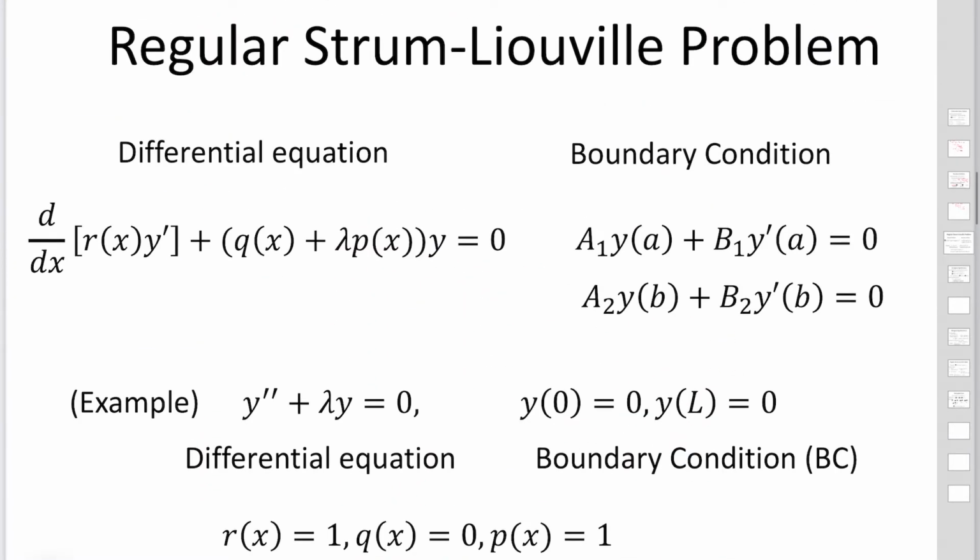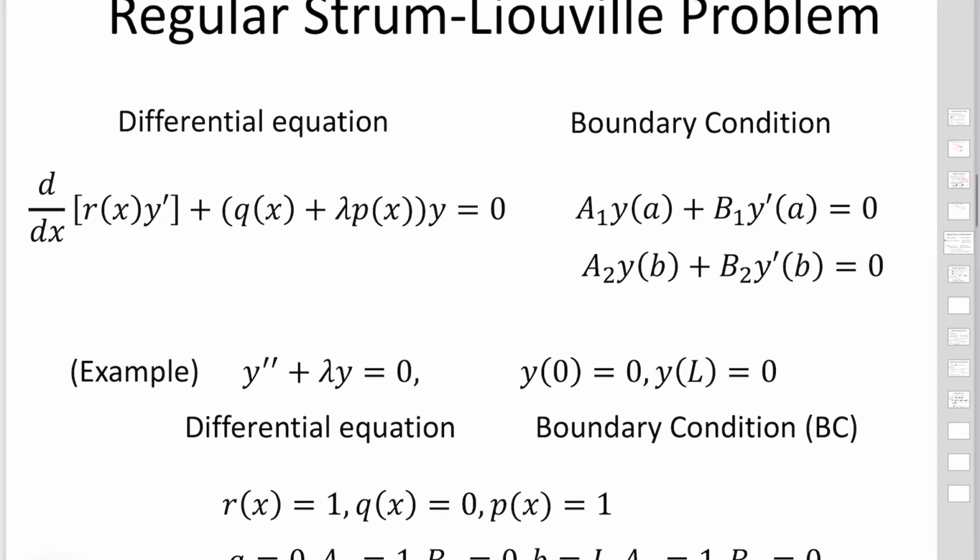We start with regular Sturm-Liouville problems. So we consider a very special form of the differential equation: d/dx of r(x) times y prime, where y prime is the first derivative of y with respect to x, plus q(x) plus lambda times p(x), where lambda is an eigenvalue, times y equals 0.